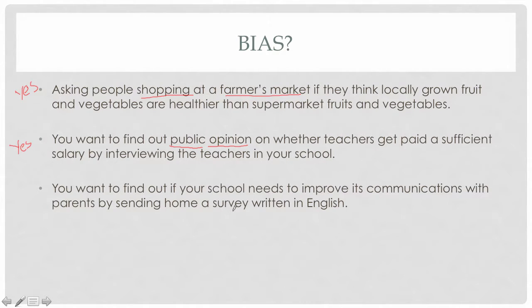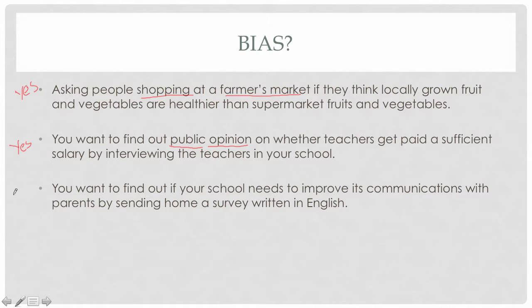So if we send a survey written in English and the parents or the student doesn't speak English, they're not going to be able to give very good feedback. So all the responses you may get may say, oh, the survey is fine. There's great communication. But you're completely excluding a whole population because they can't even access the survey. The parents can't read or respond in English.